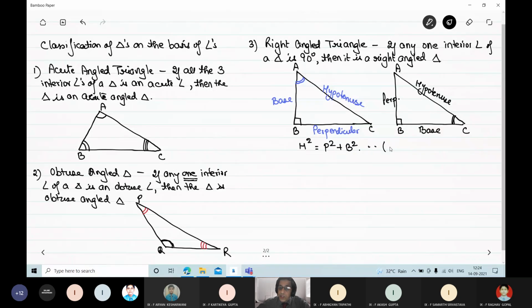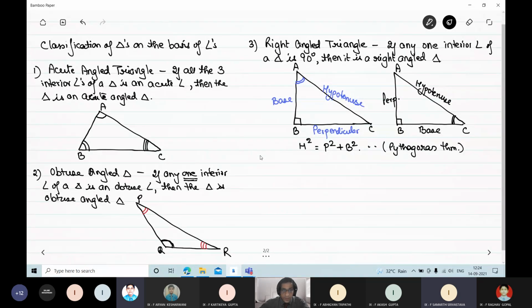Any time you have to prove that a triangle is right angled, if you cannot find the angle as 90, the other way is to show that the sides satisfy the Pythagoras theorem. If the square of one side is equal to the sum of the squares of the other two sides, then the triangle will be a right angled triangle. Is this clear to everyone?